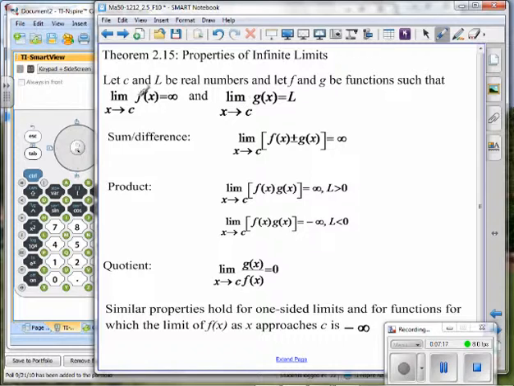But you don't need to know theorem 2.15. I will never call them by these. And properties of infinite limits, you will need to know this because you will want to use them, but I'm not going to ask you anything specific about these. I will be honest and say things like the intermediate value theorem, yeah, it's a neat little theorem. And there are a couple of others we can go back and look at, but make sure you know that. Okay, so in here, do you see any of these properties of infinite limits that's going to help us?